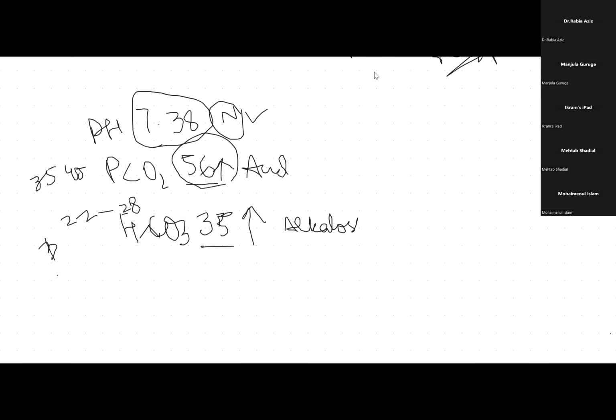Now this becomes a very confusing scenario. pH is normal while carbon dioxide and bicarbonate are not normal. So how do you know what kind it is, either acidosis or alkalosis? Of course, this is a case of compensated pH.